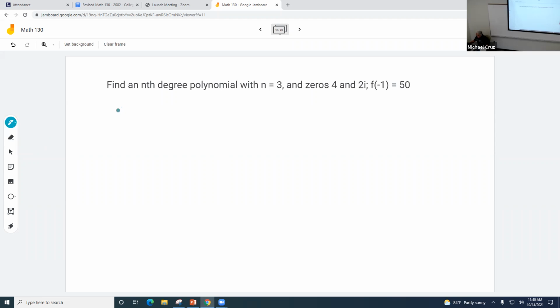I'm going to just do pretty much what they did in the other one. So f of x, and since what we want to find, and they call it a of n, it's multiplying everything here. So it's x minus, and one of the zeros is 4.